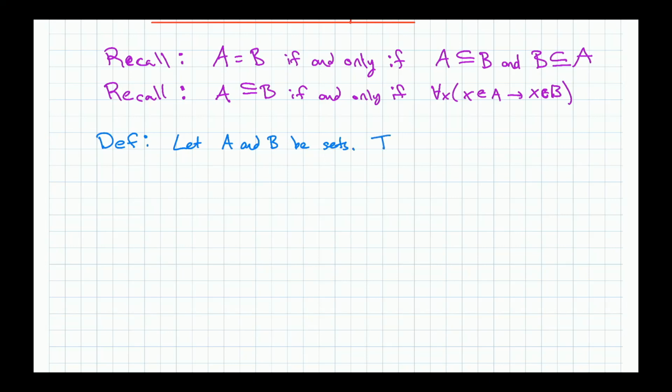The union of A and B, which you write this way, looks like a U, but it's not. The union symbol.